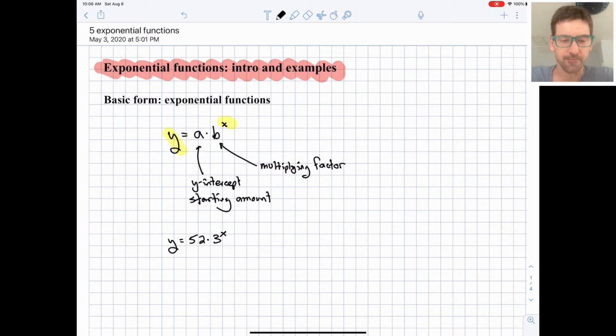And as you go back in time, x could be -1, -2, your y value is being chopped into thirds each time. So the base really controls the speed of growth much more than your initial value. Your initial value is important, but the base is much more important.